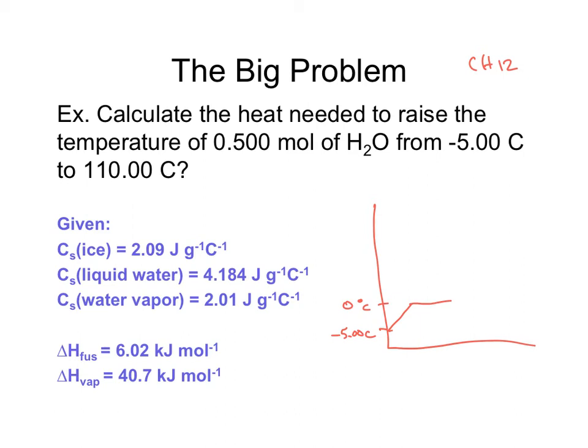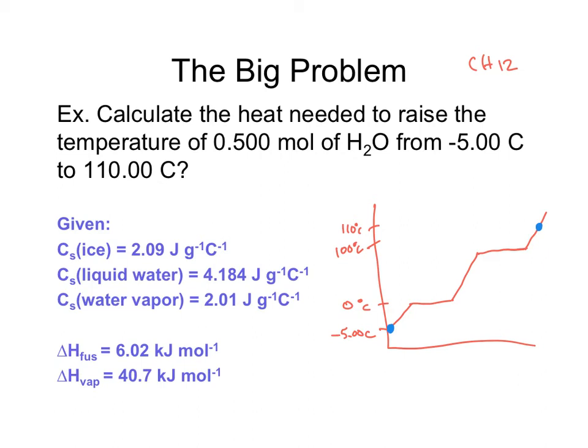Then it'll start to heat up again, and it'll go up to 100 degrees C. And then at 100 degrees C, you get the next phase transition. And then in this particular example, we're going up to 110. So we're starting here at -5, and we're raising it up to 110.